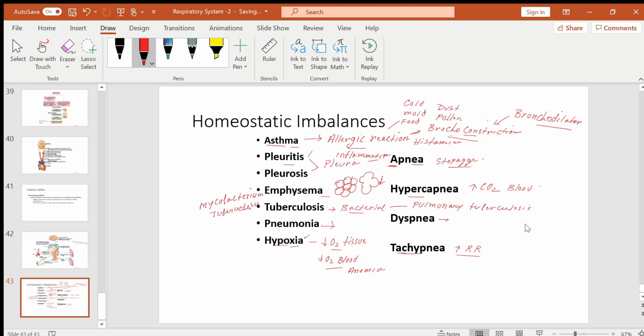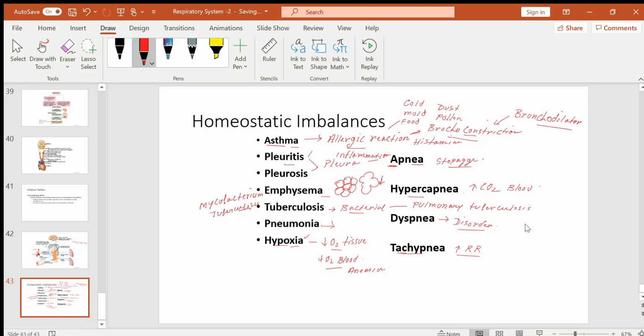Dyspnea, any kind of disorder of breathing is called dyspnea. Okay, so those are some clinical conditions related to the lung.